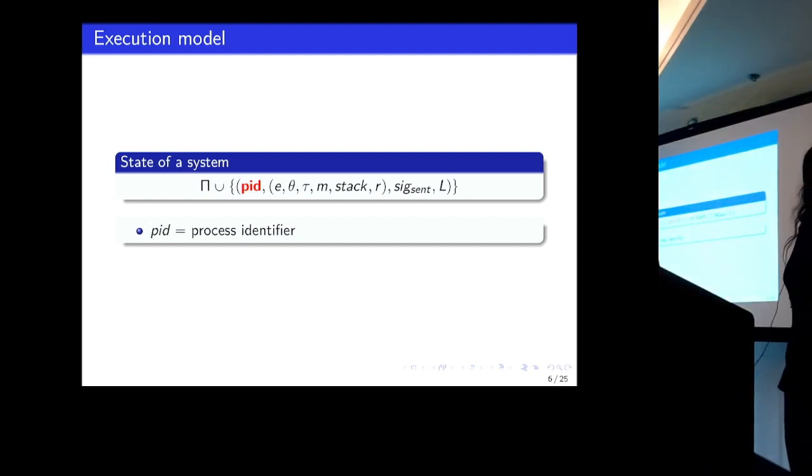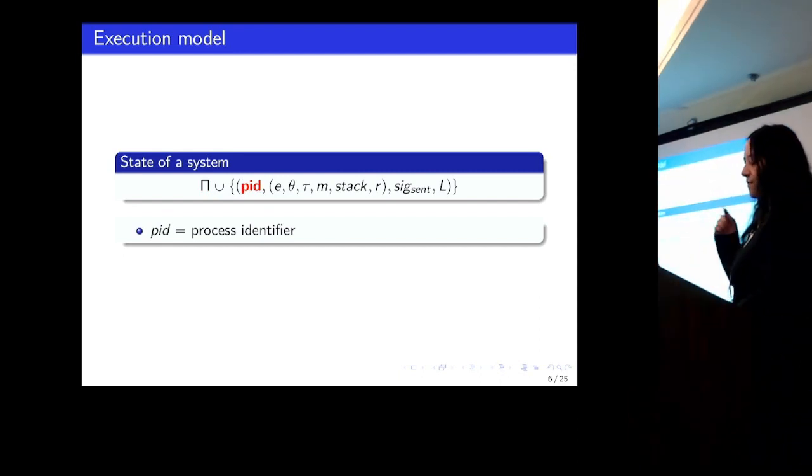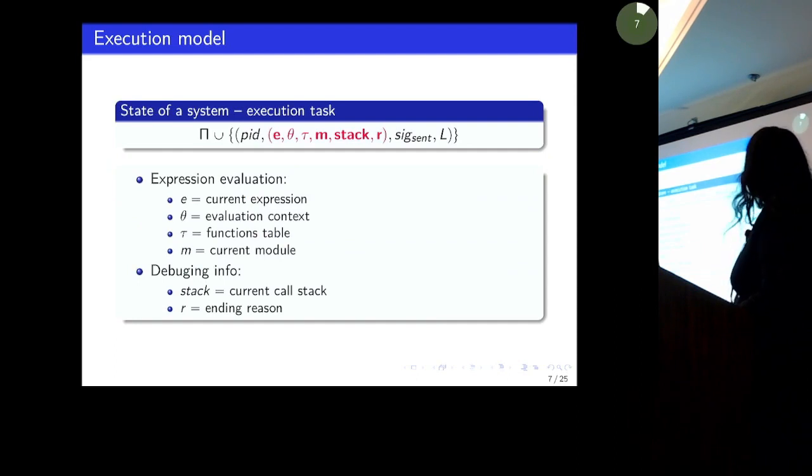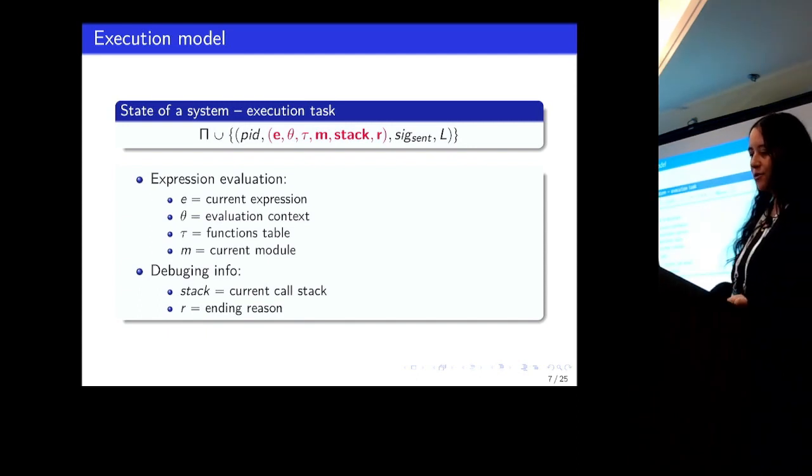For the state of one process, you can see in red the identifier of the process. The second element is how we represent the execution task, which is the part about the expression evaluation. So E is the current expression.